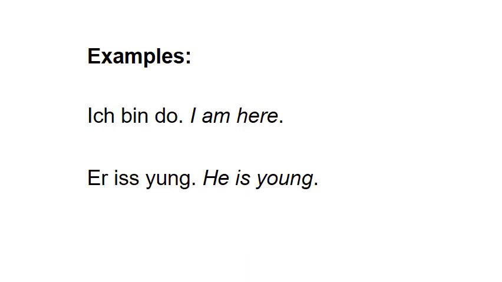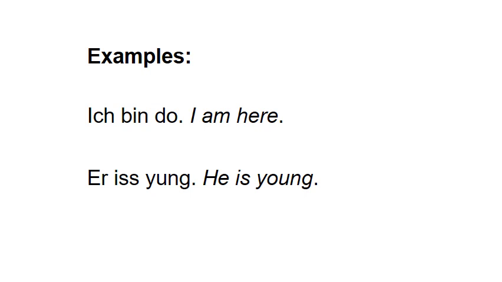Here are some examples putting ich bin and the various forms in practice. The basic sentence structure of Deitsch is very similar to English. So for example, in English you say I am here, and in Deitsch you say ich bin do. Do is the word for here. Ich means I, bin means am, and do means here.